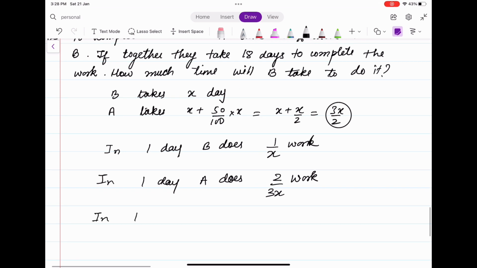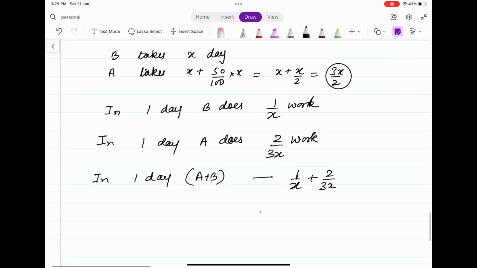In one day together, A plus B will do 1 by X plus 2 by 3X work. Taking the LCM, 3X. It will be 3 plus 2, that is 5 by 3X.